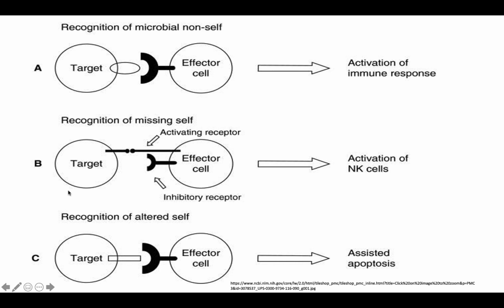So the effector cell, this is مثلا macrophage, and found a target. Target is non-self, it's recognized as microbial cell, non-self, so right away activate immune response. If I recognize the missing self, this is a target cell, but it's not ما بتعرف حالها إنها self, so there's something wrong with it, so this will activate NK cell and kill it.